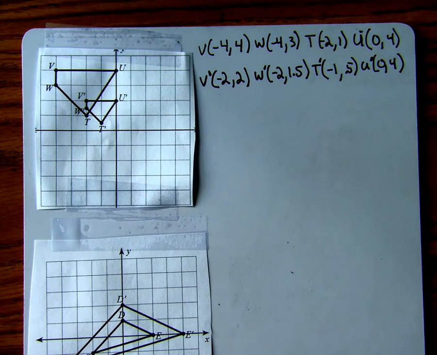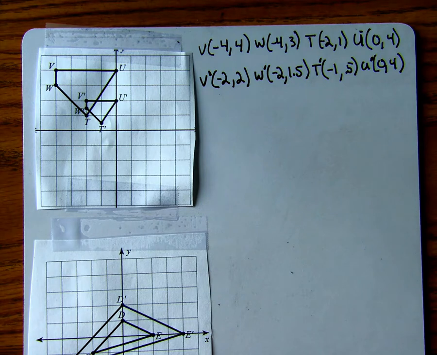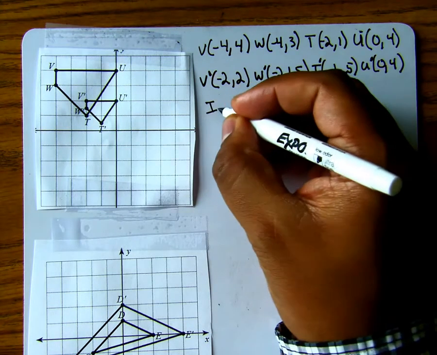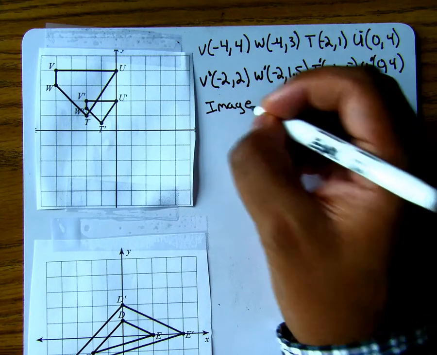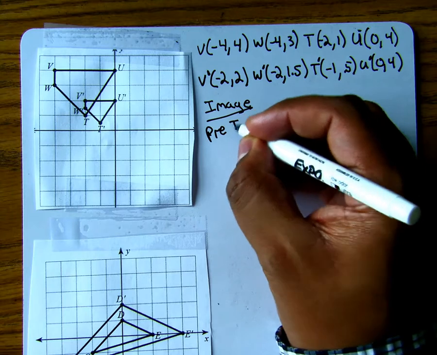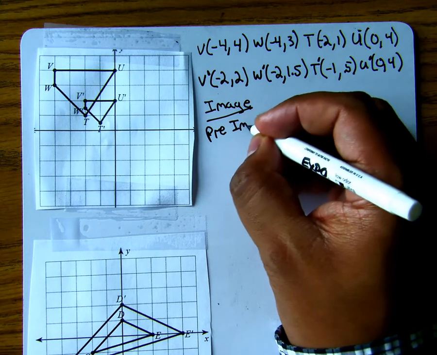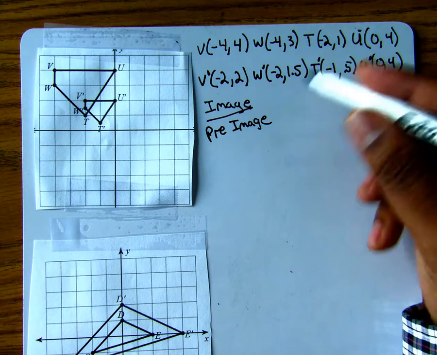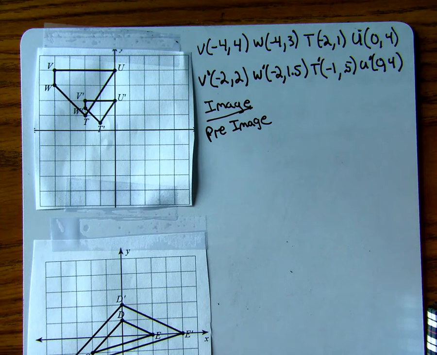In order to find the scale factor, what you want to do is divide the image by the pre-image. We're going to do a few of these, and you'll see it starts to come out to be the exact same number.